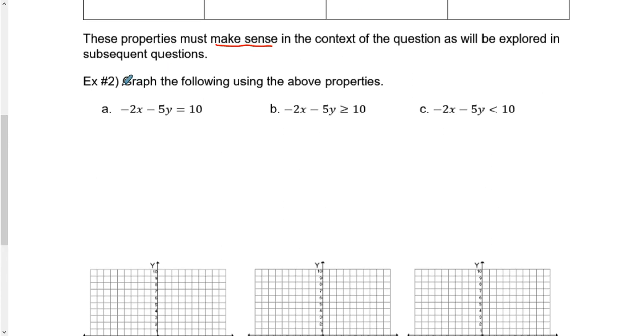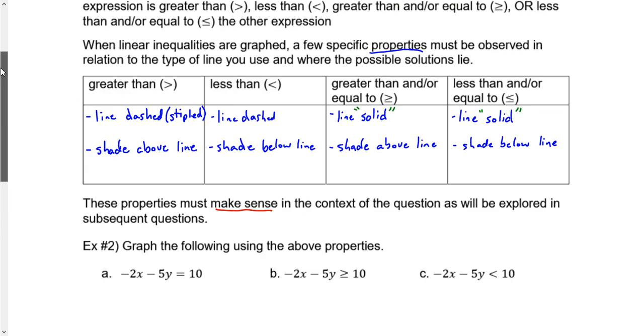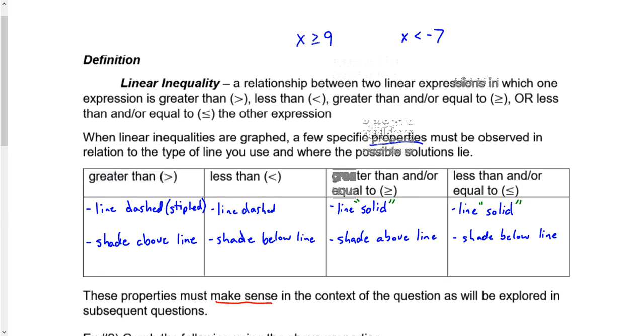So first things first, graph the following problem. Actually, let's do a quick reminder. Back in grade 9, and I made a mention of it in Foundations 10, if we had something like x is less than -7, that means when we graphed it on a number line, we used an open circle at -7 and shaded to the left because it's less than.